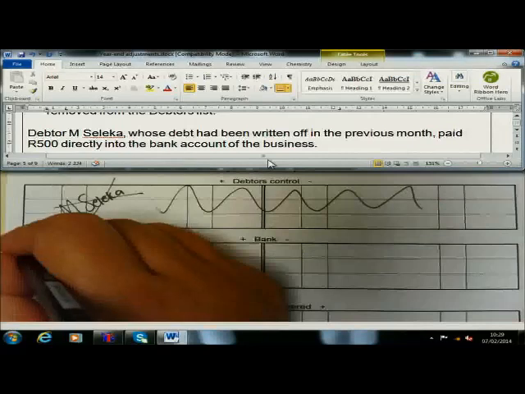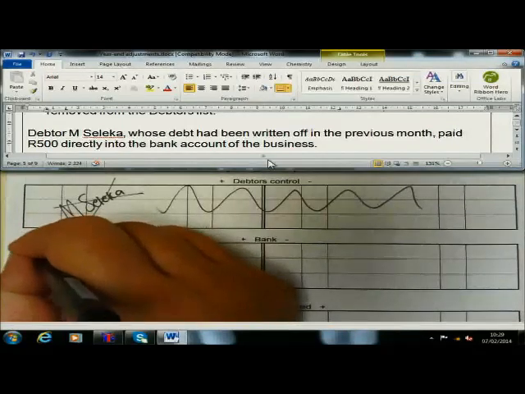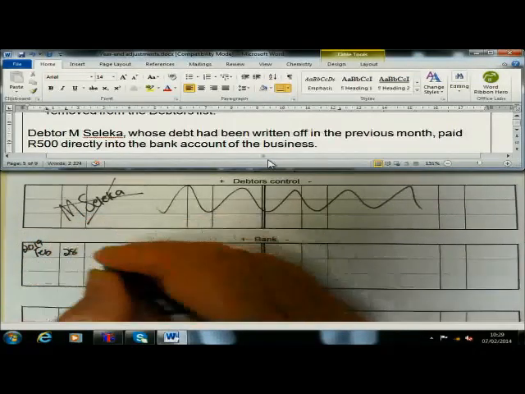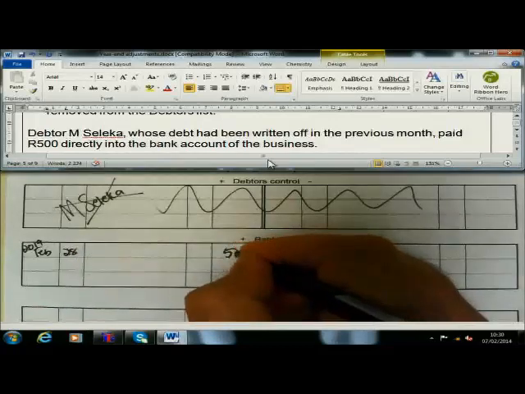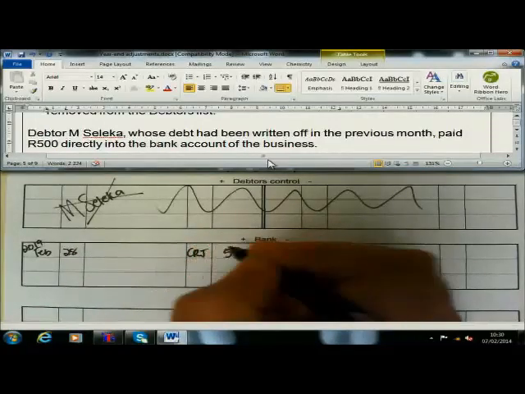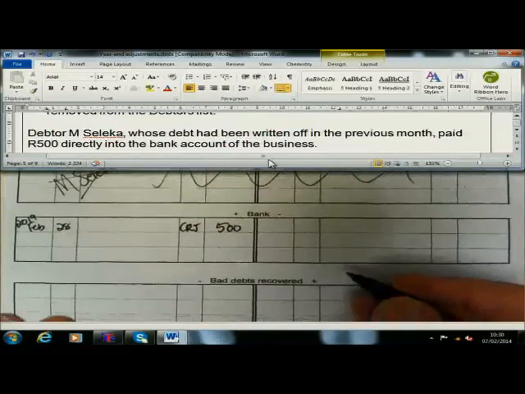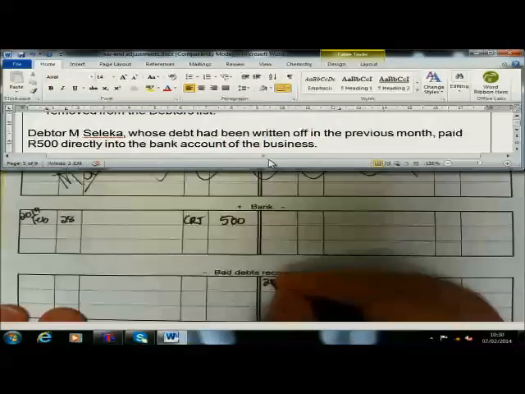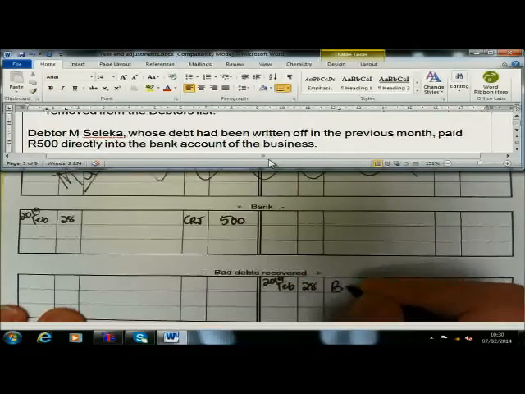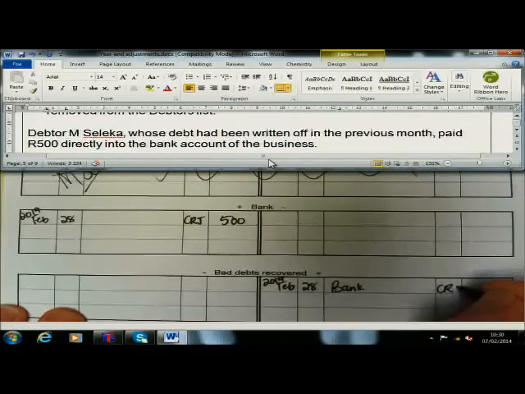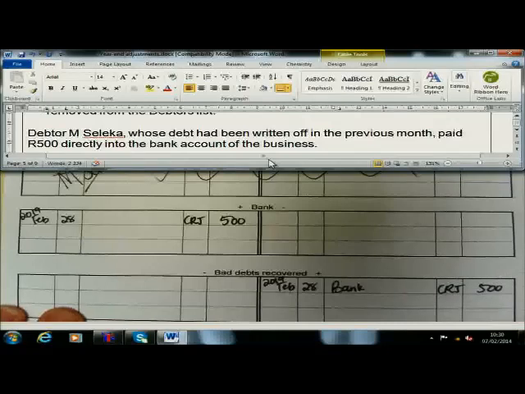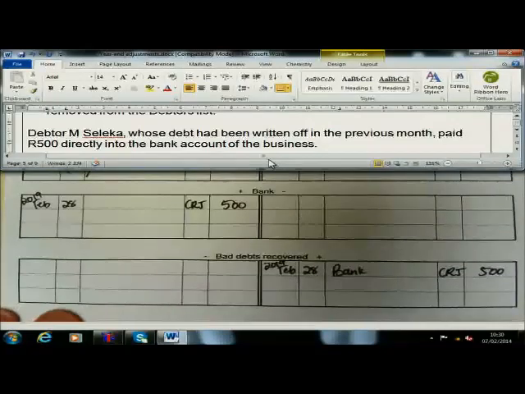So you receive the money. We receive the money, the 500 Rand in the bank. It is CRJ, and you put it in a new account with the name Bad Debts Recovered. That means it is money that you received, and the reason for the money is that it was a debtor long ago.